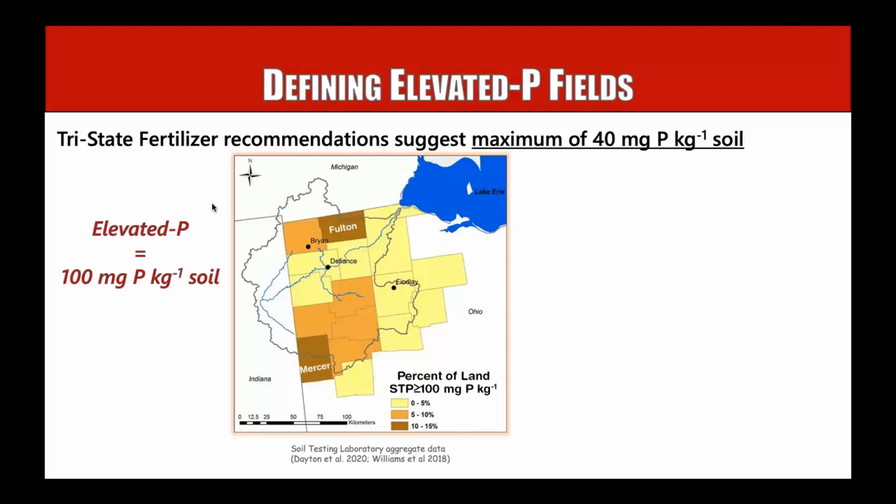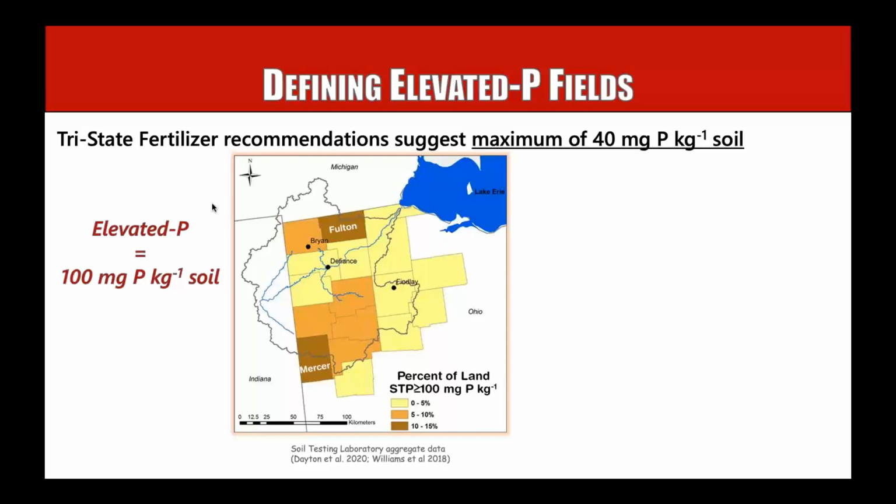The other thing we needed to do for our project was we had to draw a line in the sand and determine what we were going to classify as elevated phosphorus fields. We decided to draw that line in the sand at 100 milligrams per kilogram. Why did we decide to do that? There's two pretty good reasons for that, I guess. One is that it's 2.5 times greater than the agronomic recommendations. So the agronomic recommendations for corn and soybeans is 40 milligrams per kilogram phosphorus.